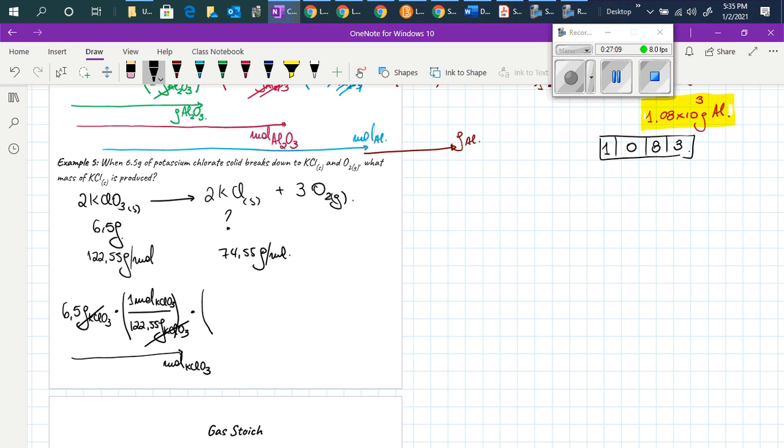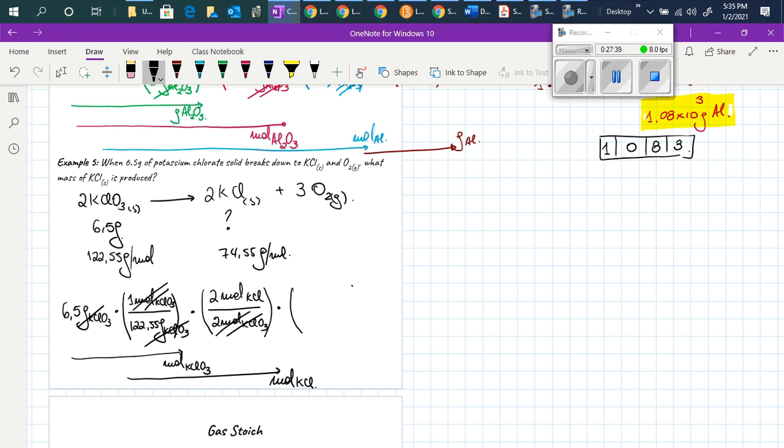Now we'll move to the moles of the unknown. 2 moles of KClO3 are used up to produce 2 moles of KCl. So moles of KClO3 are cancelled out, and what we have here is moles of KCl.